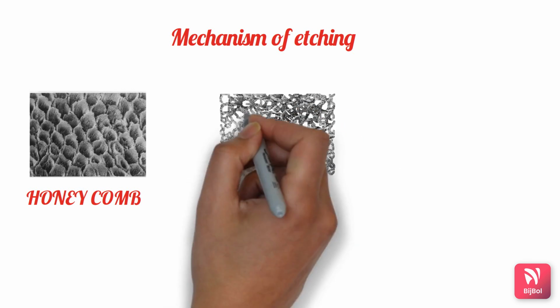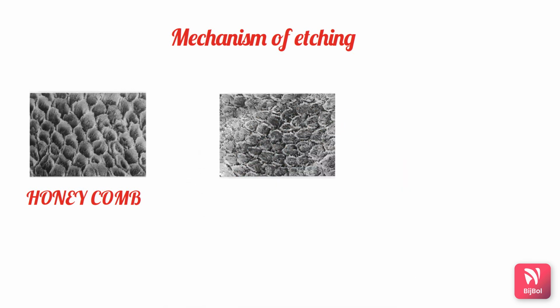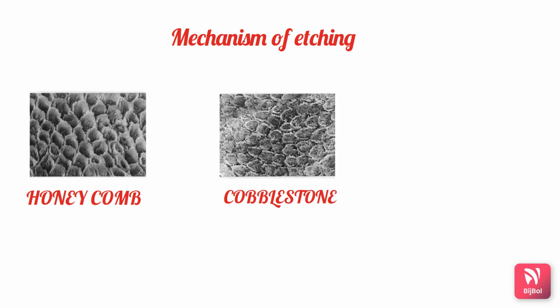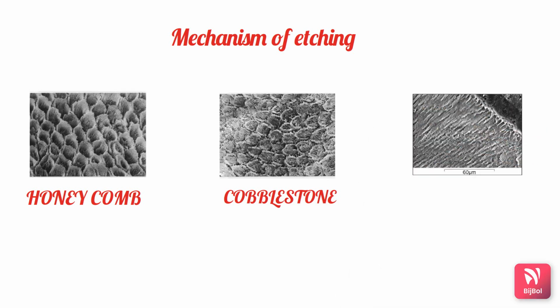Type 2 is the dissolution of the prism peripheries, leaving the prism cores intact. It gives the appearance of cobblestone that can be clearly observed under the microscope. Type 3 is where no prism structures are evident, neither the prism cores nor the prism peripheries. There is a mixed pattern of type 1 and type 2.